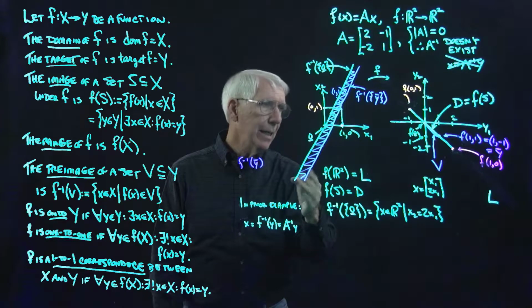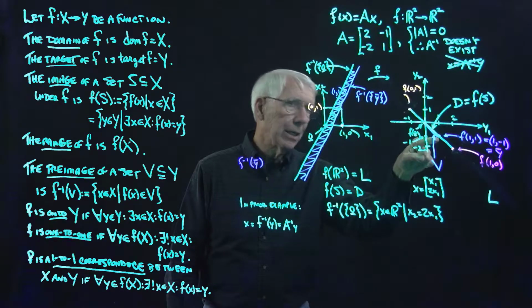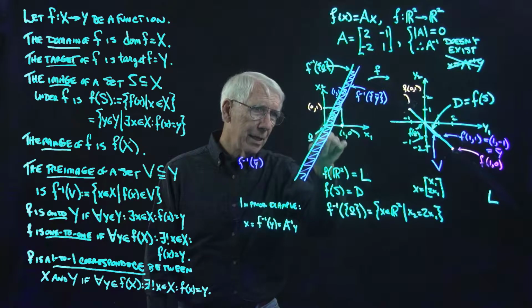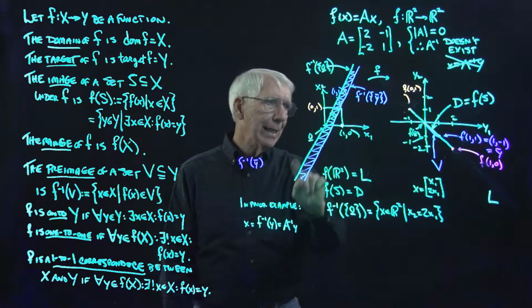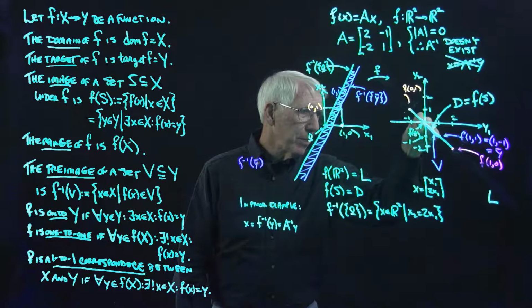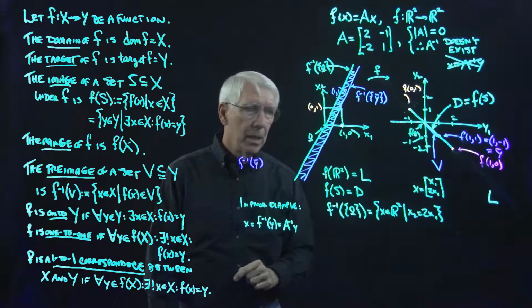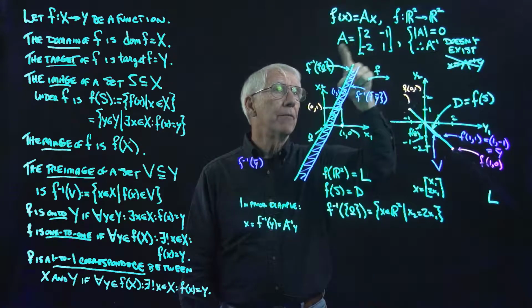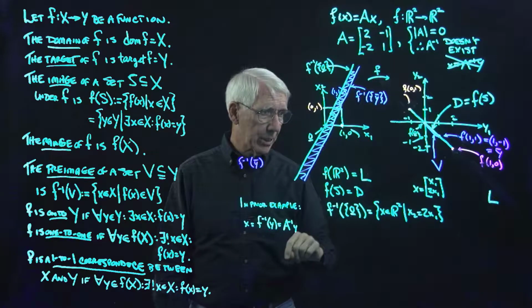The blue line maps to that point right there. The entire line gets collapsed to a point. This whole strip with a real width to it gets mapped into this little line segment down here. Things get squashed, collapsed, when we have a function defined by a singular matrix.